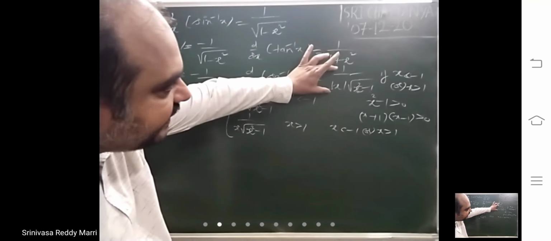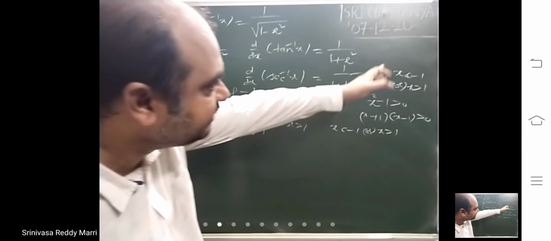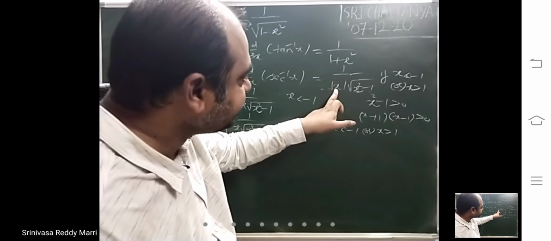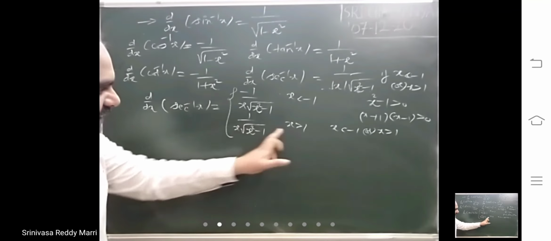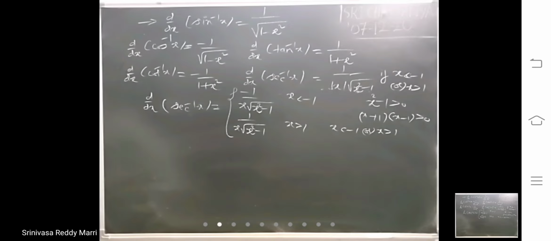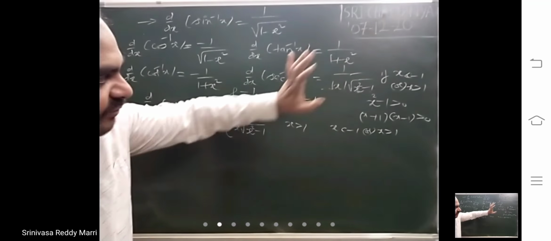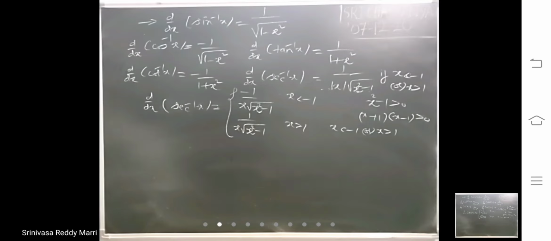Remember this basic formula. In the answer, they will give the x interval, and according to that x interval you open it. When x is negative, this will become minus x. When x is positive, it will become plus x. Basic formula is this: 1 by modulus x into root of x square minus 1.